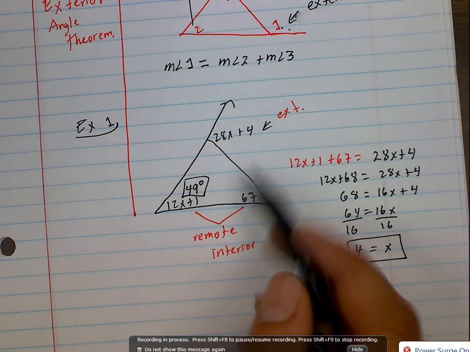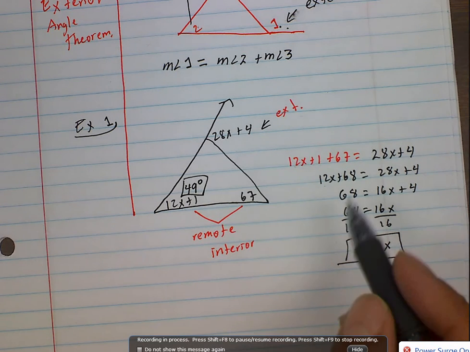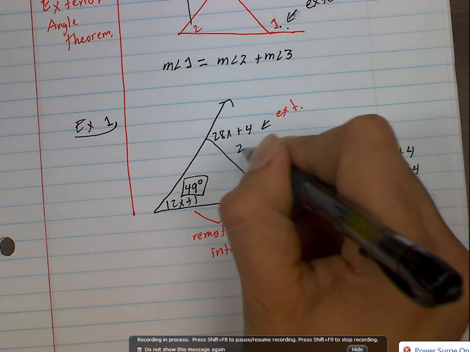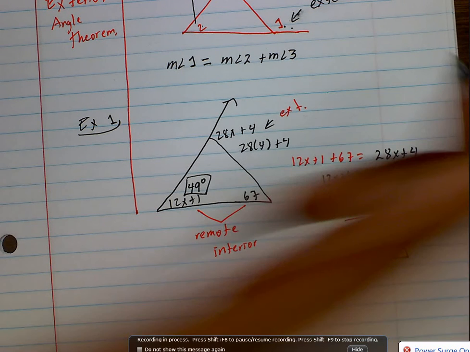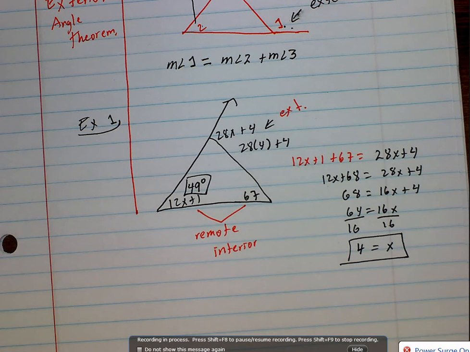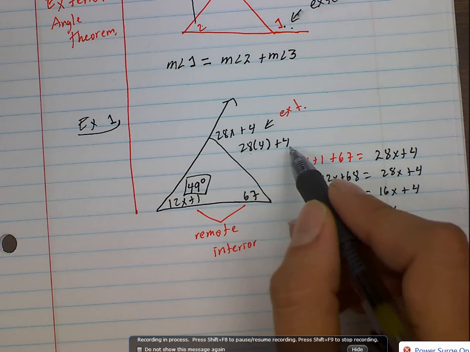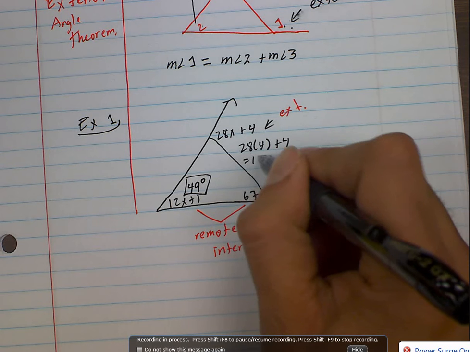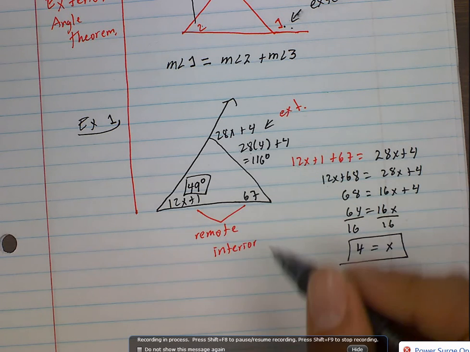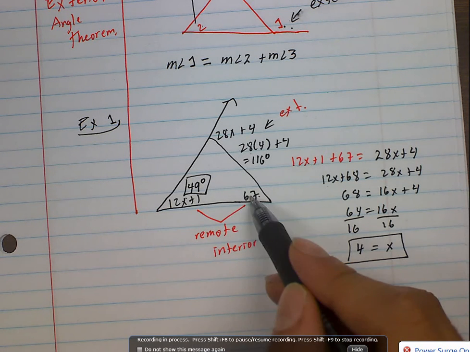So this one must equal 116. So we have 28 times 4 plus 4. So 28 times 4, that gives you 112. So 112 plus 4, that is 116. So that proves it. So the sum of these two remote is equal to that.